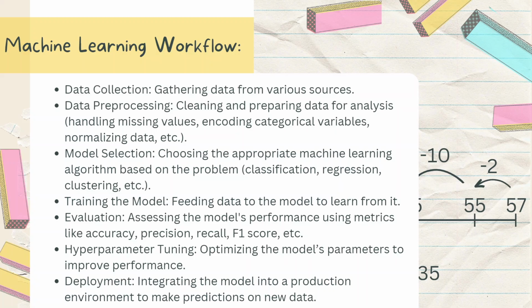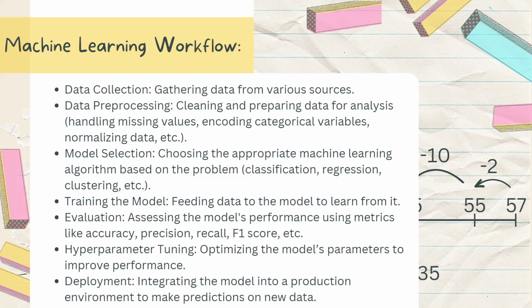Choosing the appropriate machine learning algorithm based on the problem, which is used for classification, regression, clustering, etc. Training the model. Feeding data to the model to learn from it. Evaluation. Assessing the model's performance using metrics like accuracy, precision, recall, F1 score, etc.